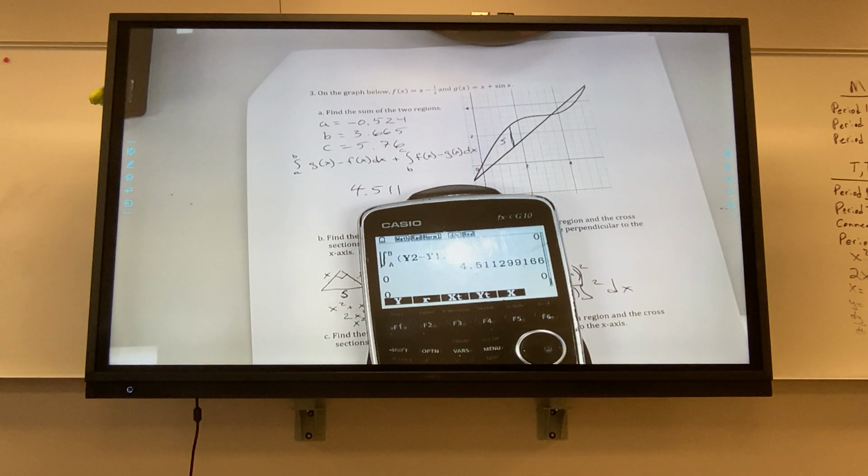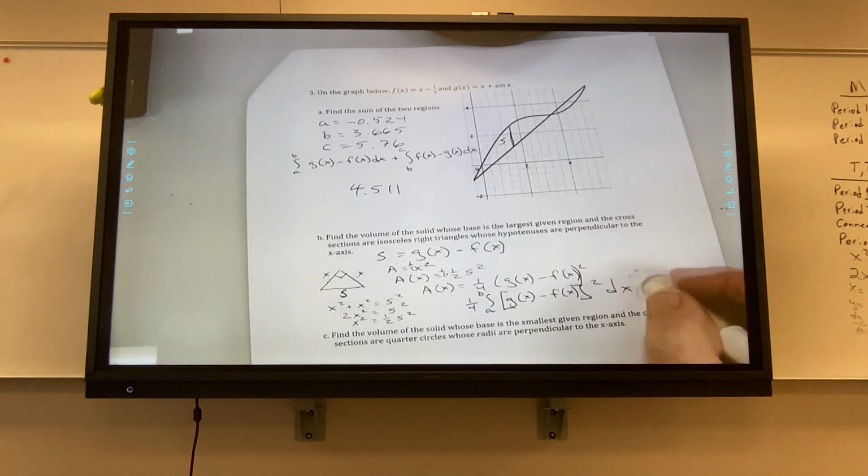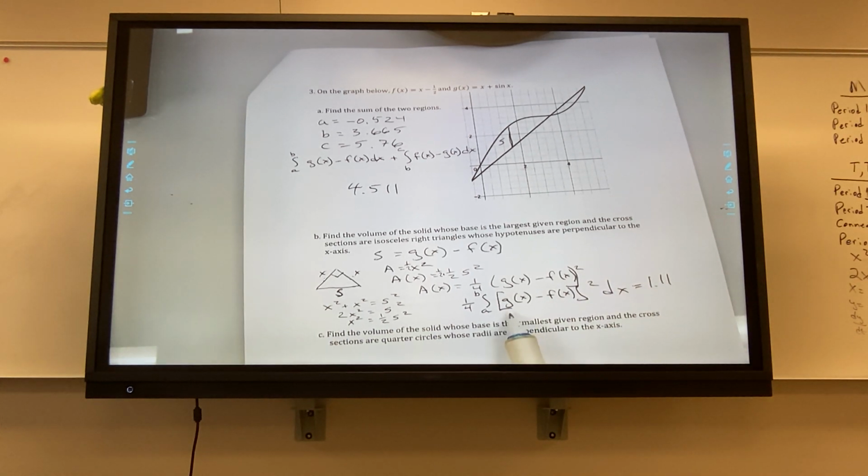And multiply it by 1/4. Oops, error, what didn't you like? 2 decimal points, probably not a good thing. And so I got 1.11. Or you could just type it in like you did before, right?